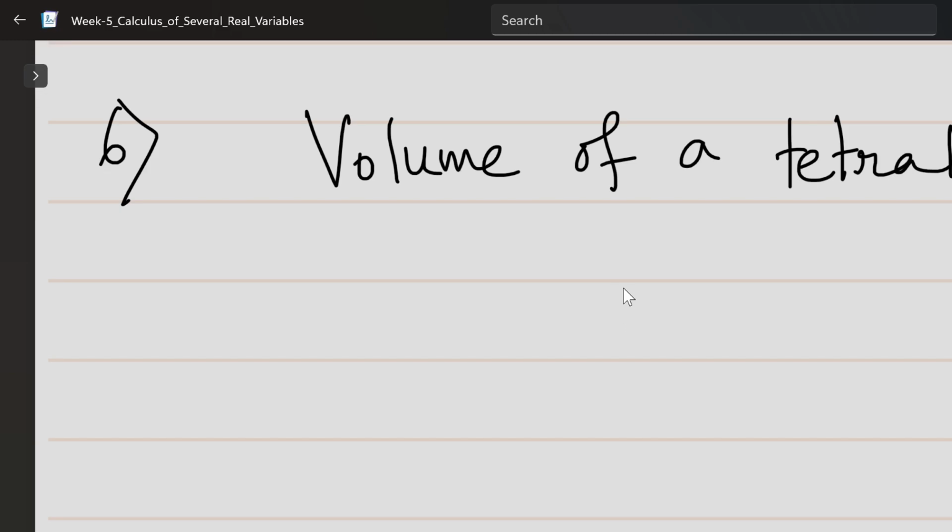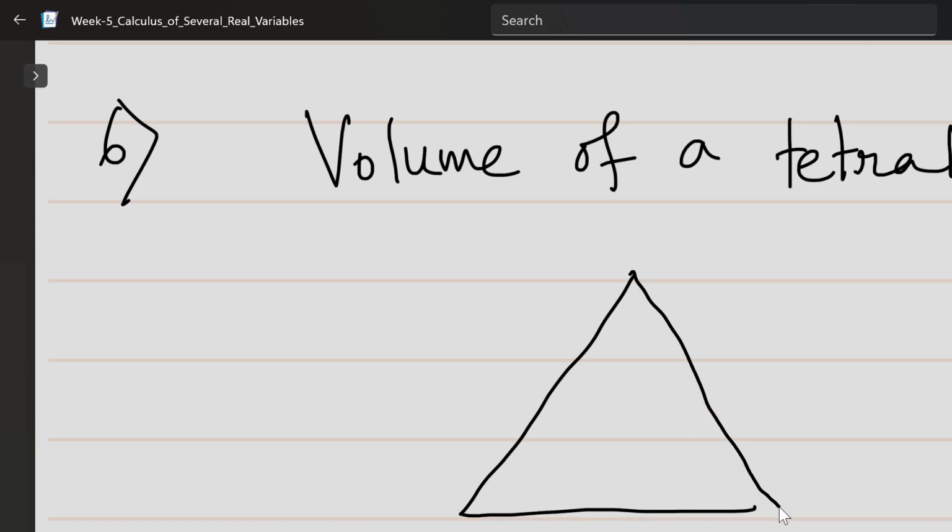First of all, suppose you have a triangle as a base, and suppose you have another point that is not in the plane where the triangle lies. Suppose you draw a triangle on your paper and take a point 1 centimeter up from your paper.